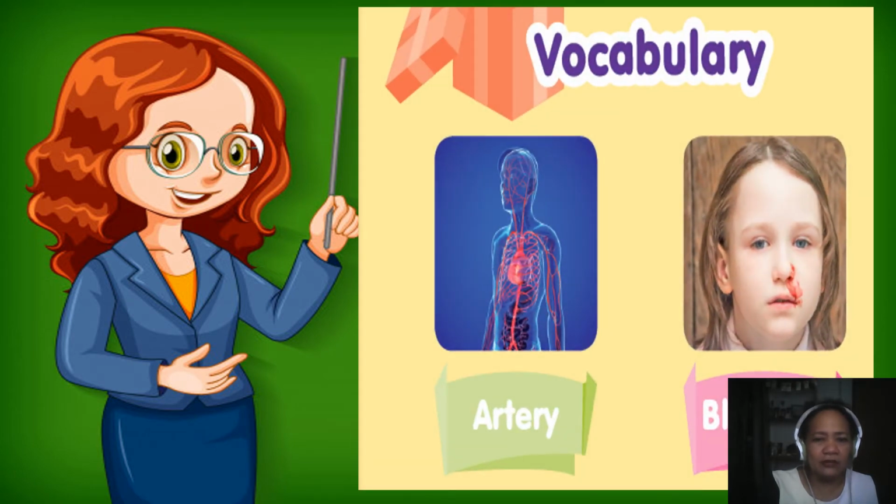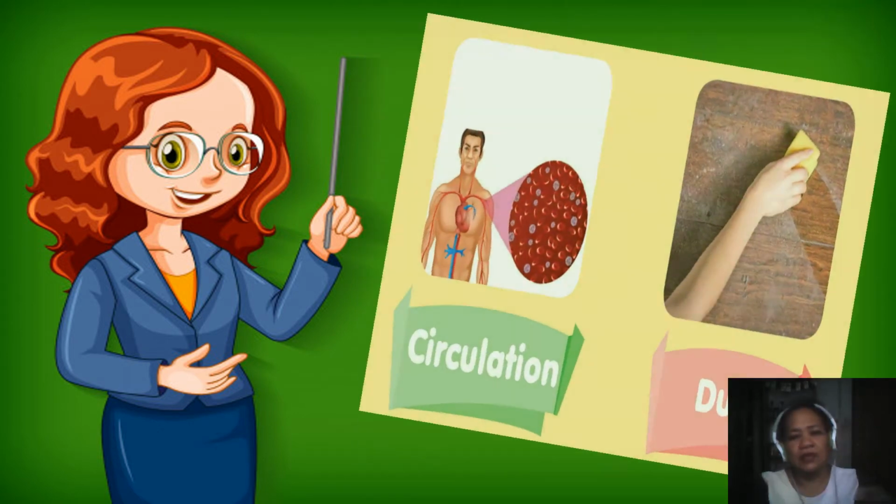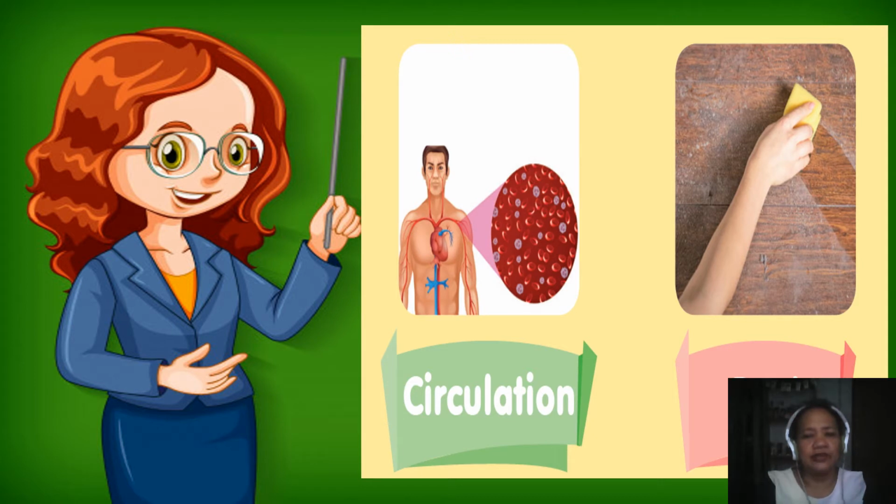Vocabulary. The first one is artery. The second one is bleeding. And then circulation and duct.